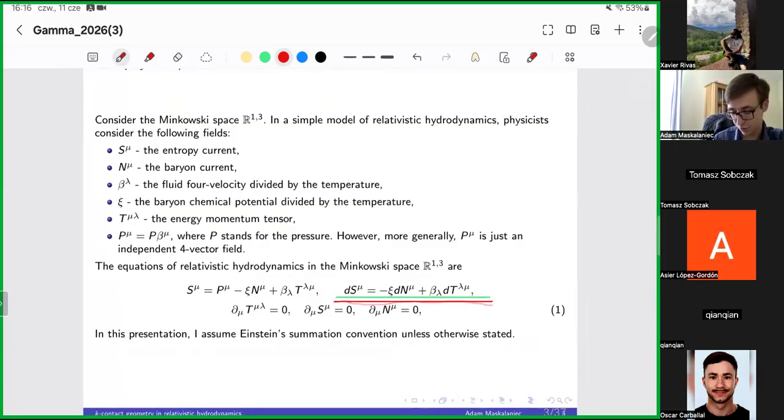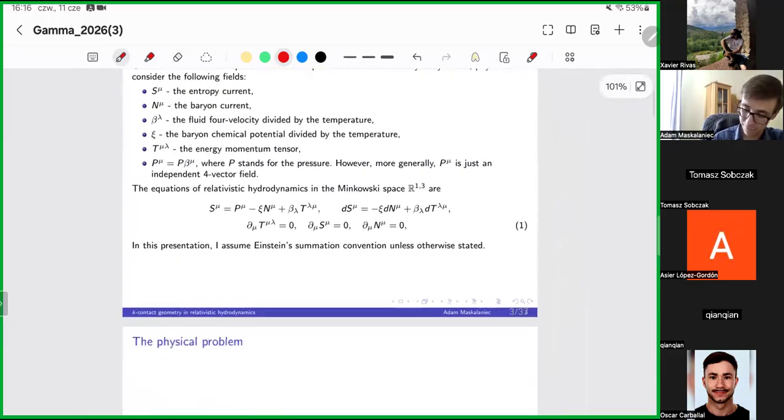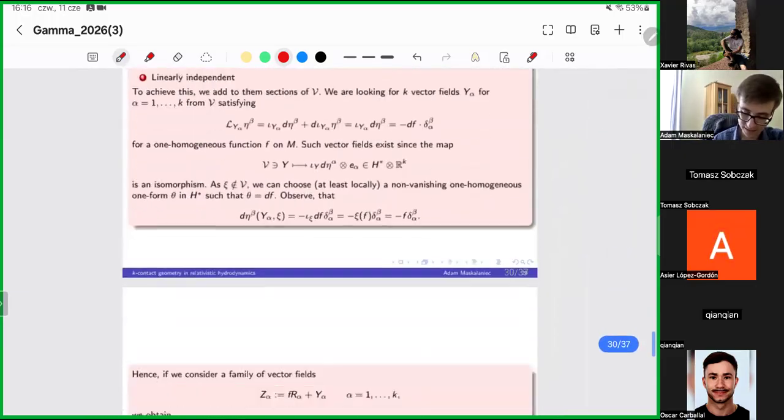So this reduction procedure allowed us to find a distribution that, at least locally, is described by these equations known from the work of physicists.